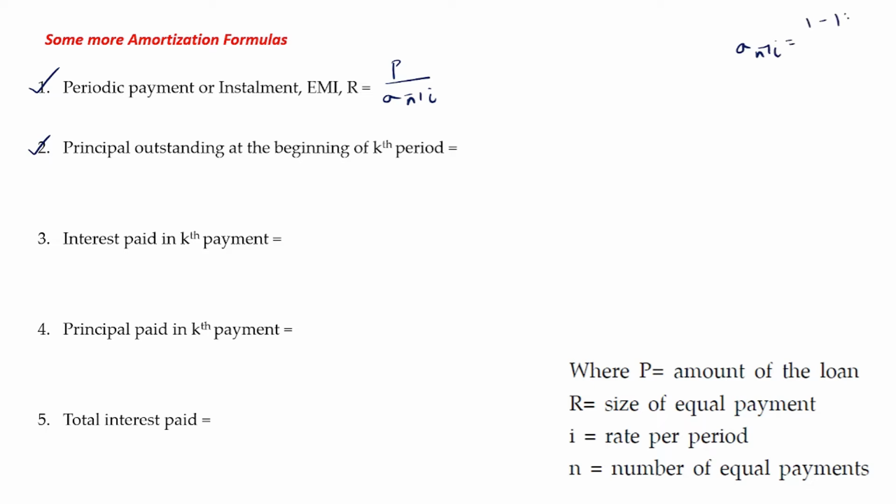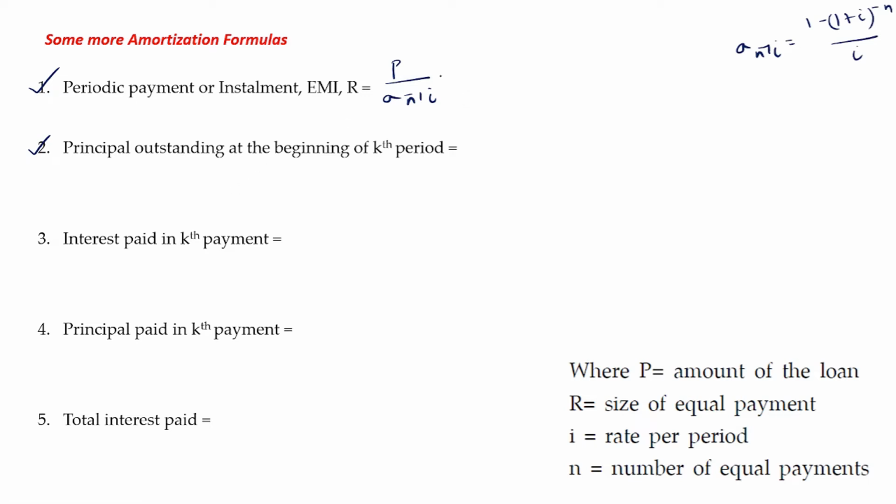It is given by 1 minus (1 plus I) the whole raised to minus N upon I, where P is the amount of loan, I is the rate per period and N is the number of equal payments. So in the question all these will be given, we have to find EMI R.